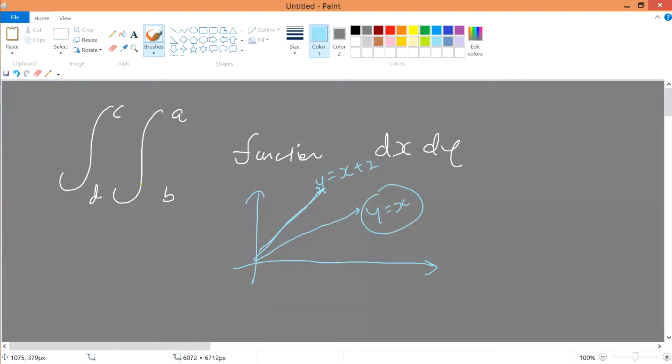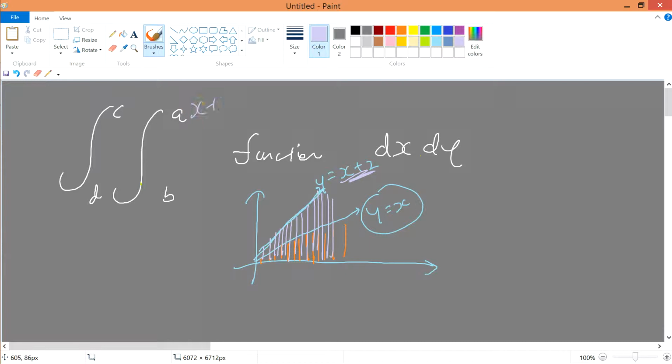So if you were to integrate, you're taking one slice, and then also another, the top parameter. This top parameter is this one, which is x plus 2.